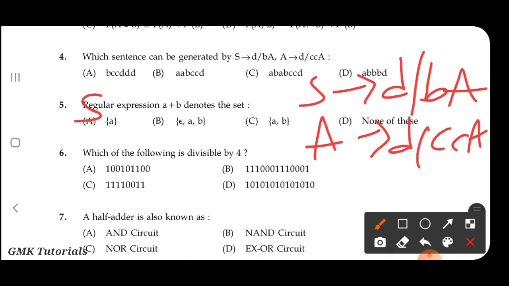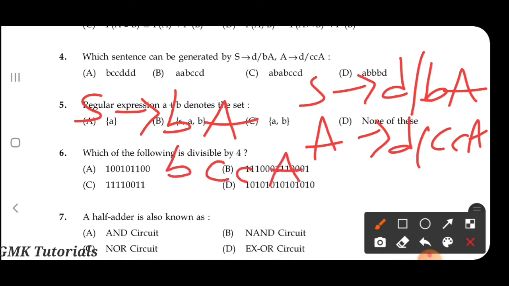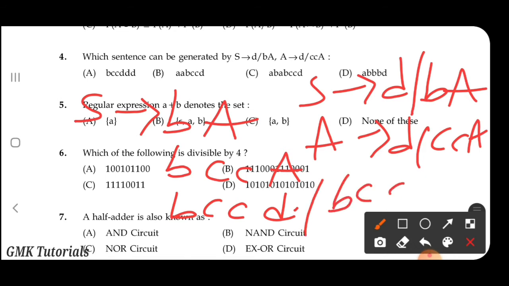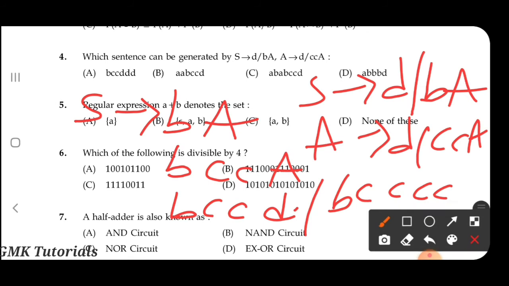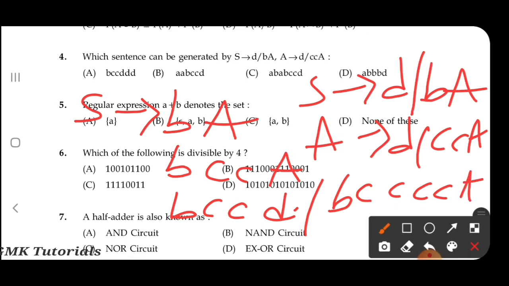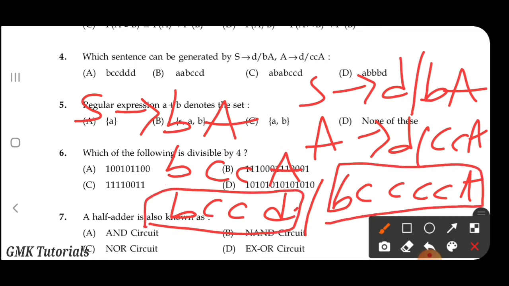First we will take S tends to B, A and B, C, C, A. Here we have two options, D and again C, C, A. We will see B, C, C, D. And one more option is B, C, C and again C, C, A. So in these options, none of the above is the right answer, because no option is satisfied.